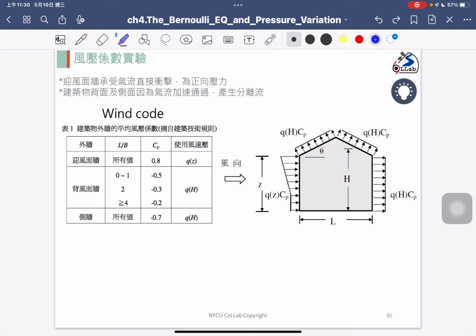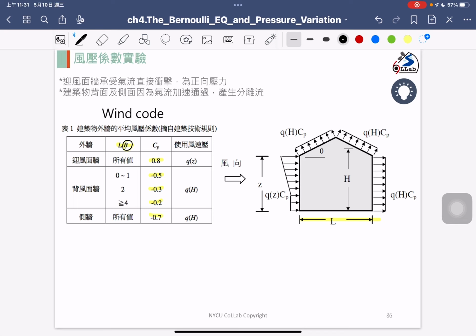So when you build structures, your building should satisfy a different code for the pressure coefficients. It also depends on the shape of your buildings. The L in here is the longitudinal length of the building, and the B in here is the width of your house. So it is also related to your structure shape geometries, and you need to satisfy different pressure coefficient designs.